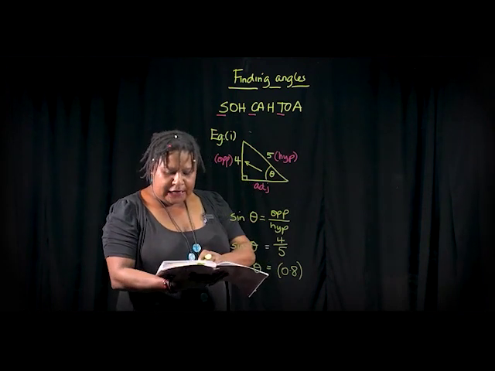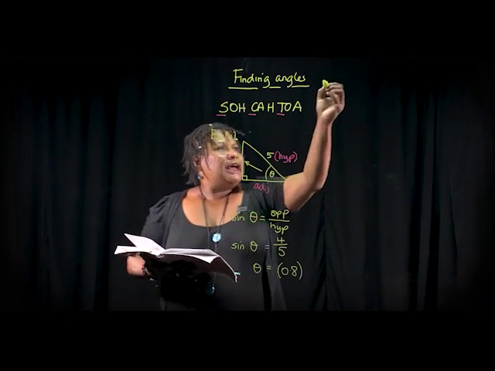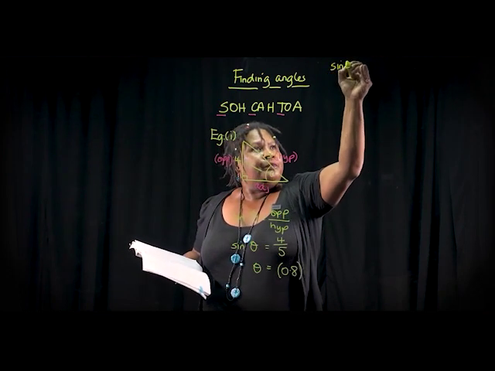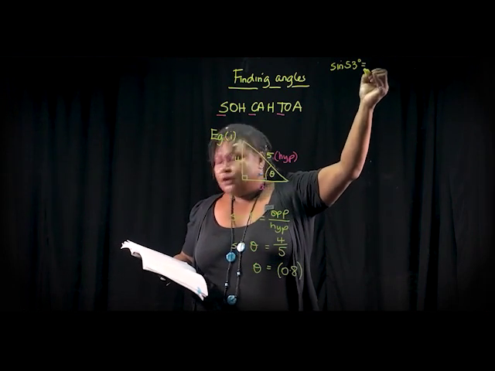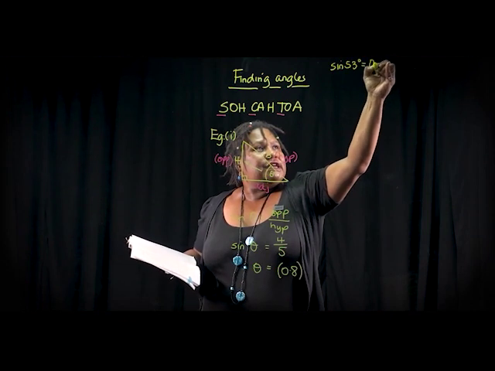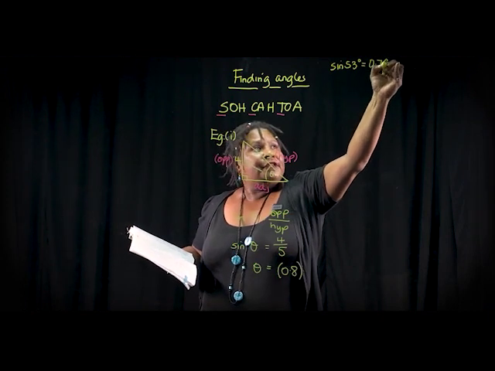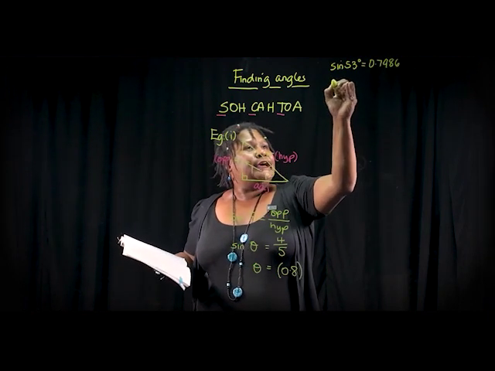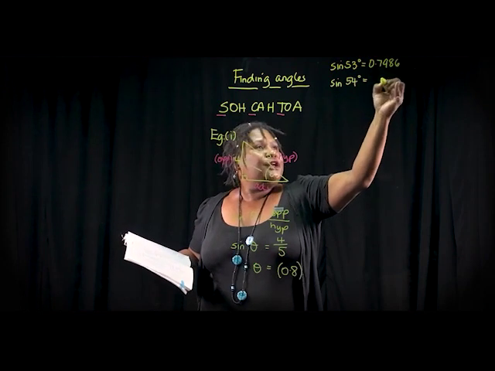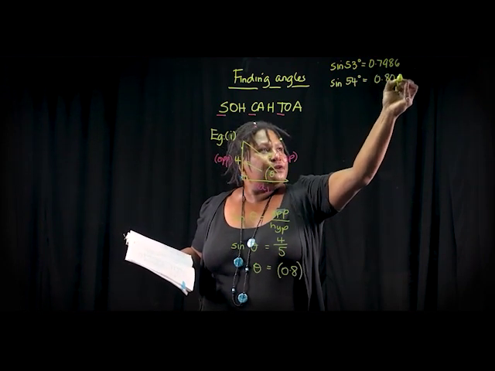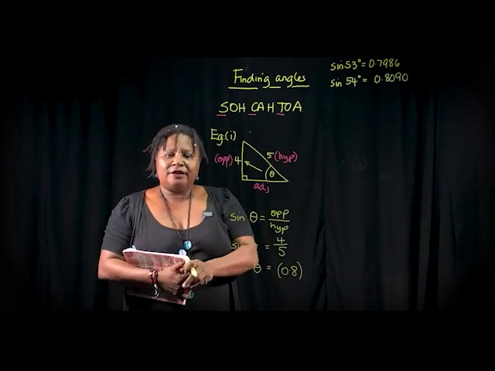Okay, so sine theta, given a value of 0.8, we have sine 53 degrees, which gives us a sine value of 0.7986 and sine 54 degrees, which gives us a value of 0.8090.